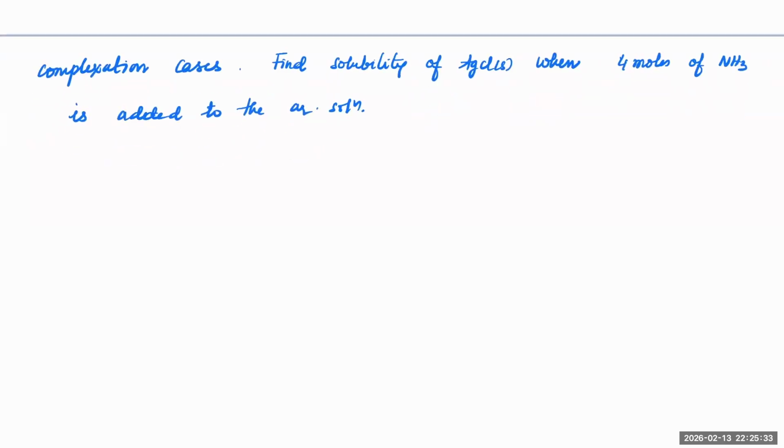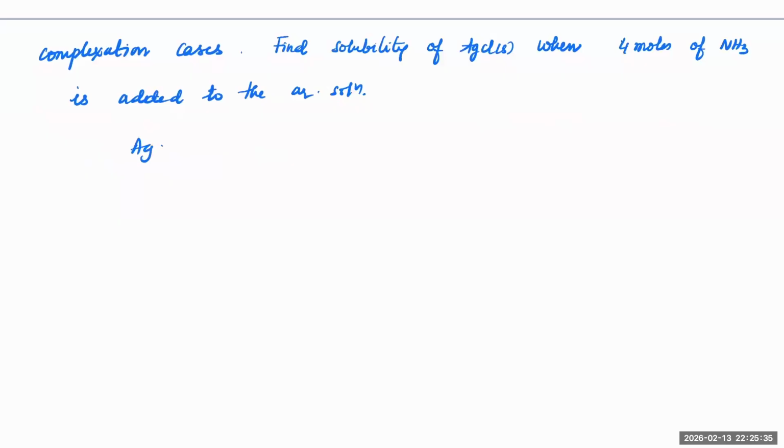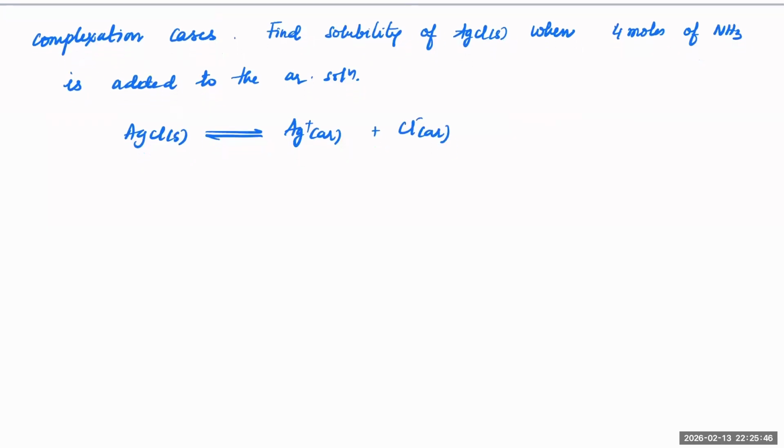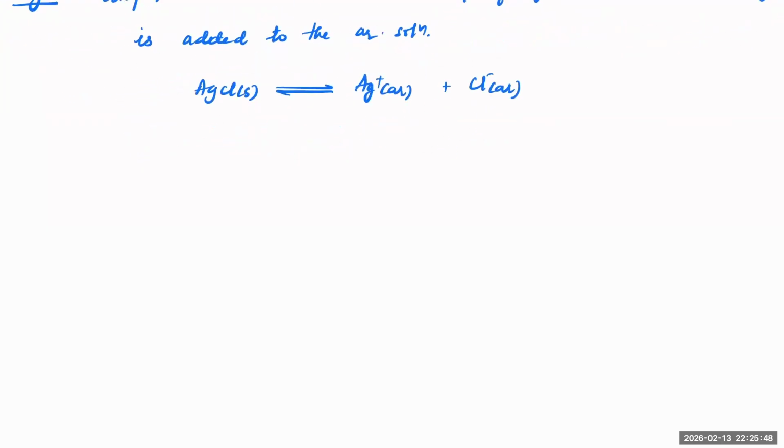Now, in that case, what do we need to do? Suppose you have an AgCl solid, you know that it will ionize into Ag plus aqueous plus Cl minus aqueous. But at the same time, due to the presence of ammonia, Ag plus aqueous plus 2 moles of NH3 aqueous would convert into a complex form, Ag(NH3)2 plus.